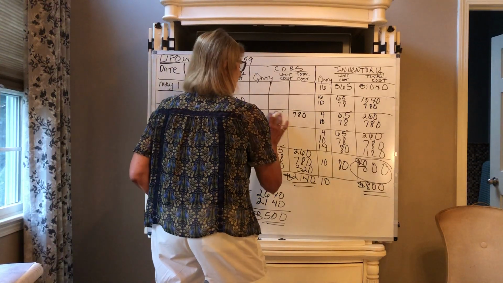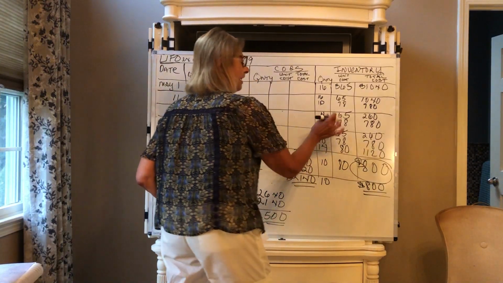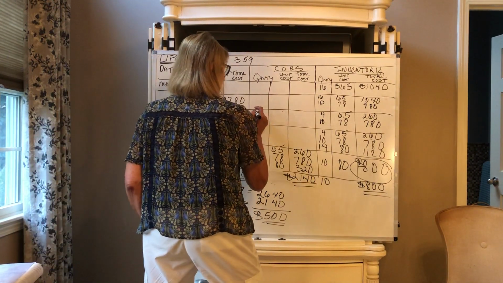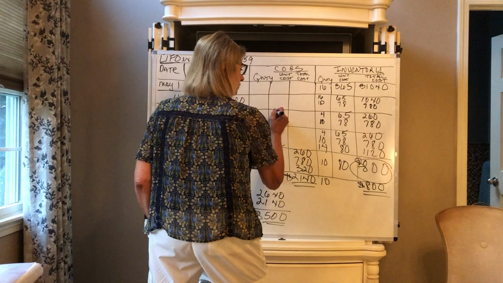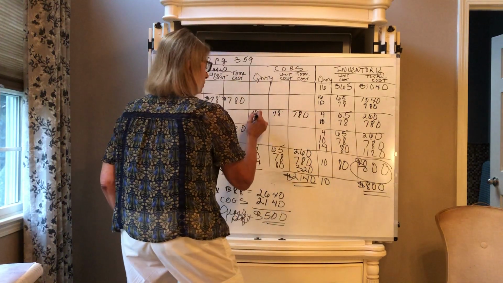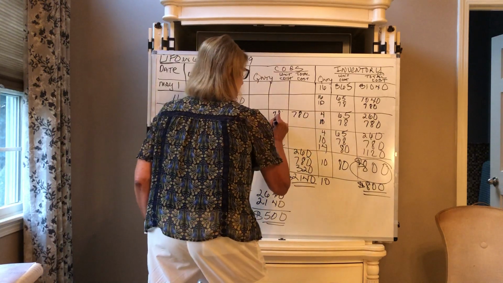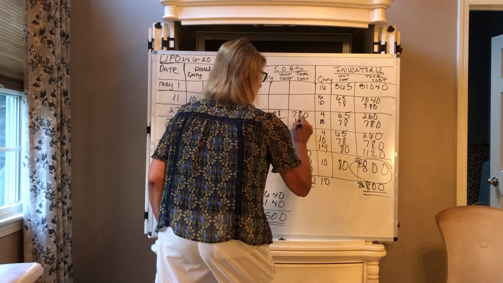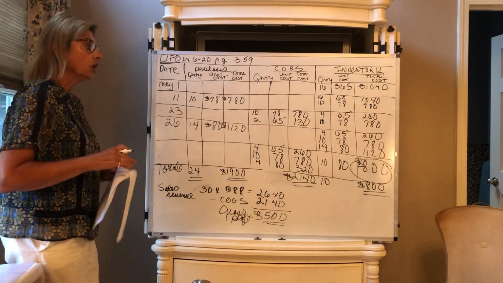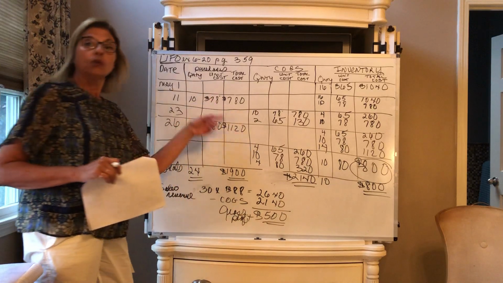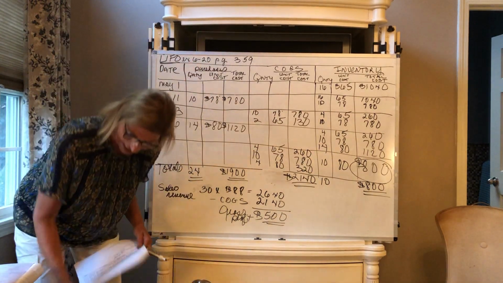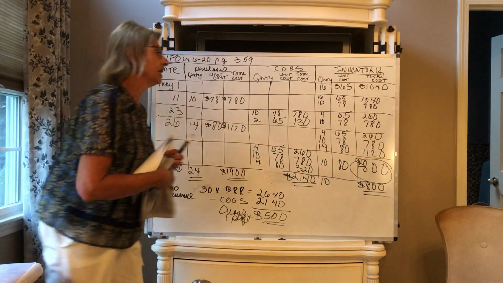We're still going to do 12, but not at 65. 10 are going to come from 78, for 780. And then the 2 for 65, for 130. Notice how that changed. We had 10 of them from the newer, which we got rid of, and we went to the older tier. I gotta stop using my fingers, they're totally black.